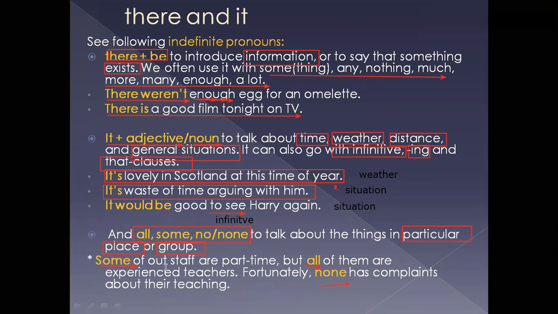Here, instead of us, it should be our staff. Some of our staff are part-time. We're talking about some out of a group, but all of them are, which means this one is about the whole group. Fortunately, none has complaints. It's talking about a specific, particular person.